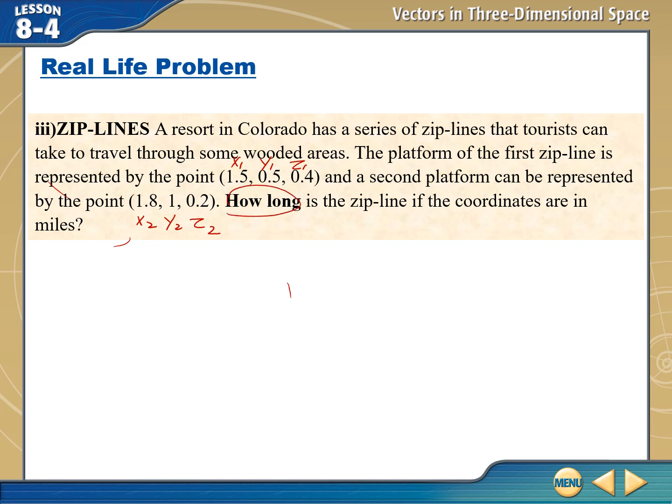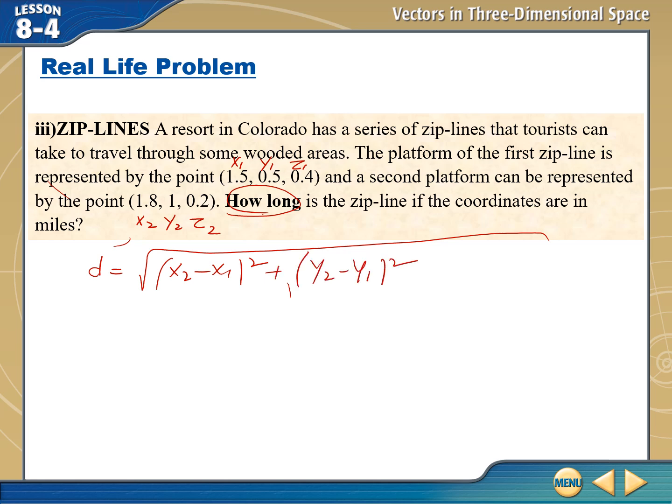How long is the zip line if the coordinates are in miles? How long means they are asking you to find out the length. So apply the distance formula, which is x2 minus x1 whole square plus y2 minus y1 whole square plus z2 minus z1 whole square.